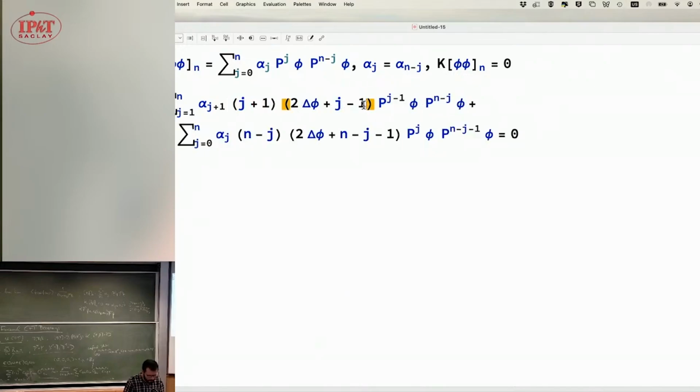If we shift it here by 1, we get rid of that, and here we get this one. Now you can see these two objects are the same, so we can safely set the total coefficient to 0.